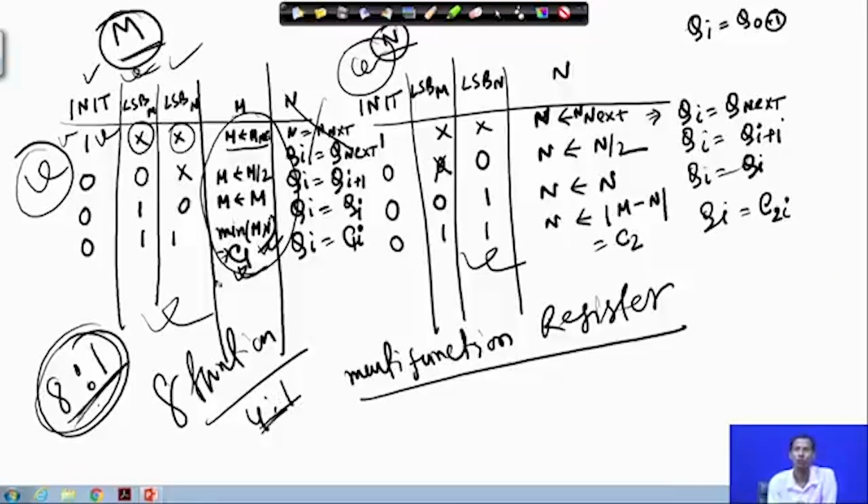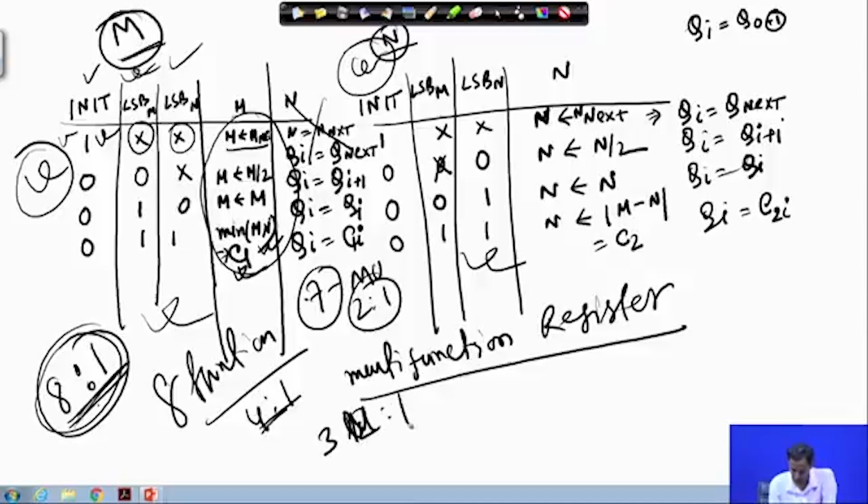So, I need one multiplexer where I will use these 3 control signals, but implement only these particular functions. An 8:1 multiplexer means I need 7 2:1 multiplexers, right. But here I need to implement only 4 functions. So, using only 3 2:1 multiplexers, I can implement this function.